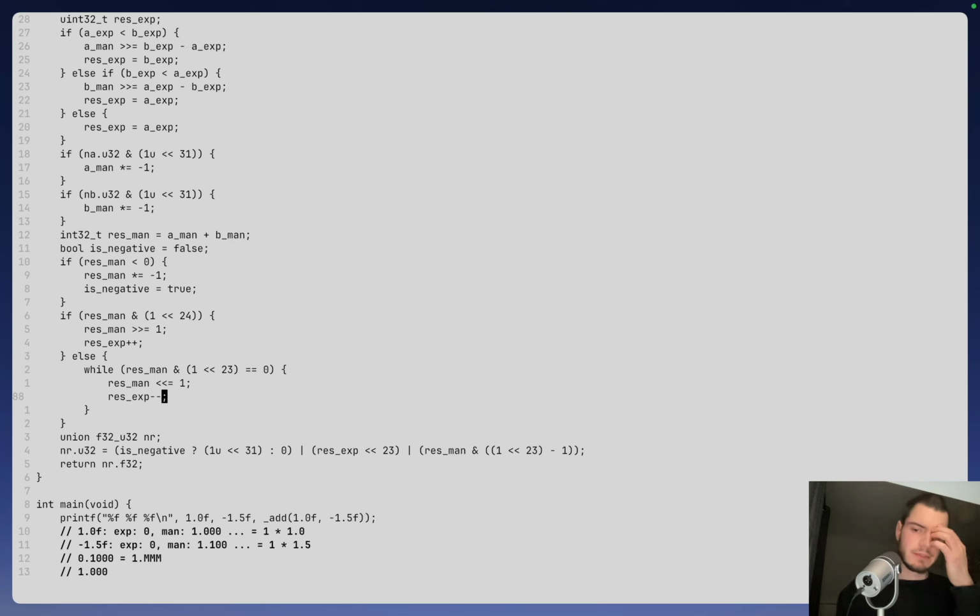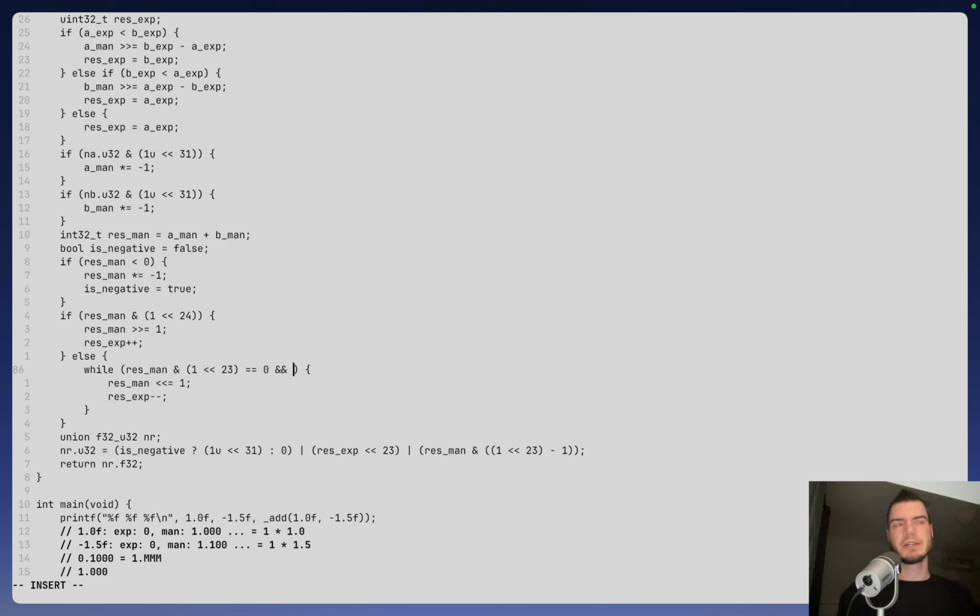I'm kind of contemplating if it's a good idea to focus on this at first. For now, we're going to keep this in mind, but I'm not going to handle that special case for now. I think we need some extra condition here: if the resulting exponent is minus 126, also exit from the loop.